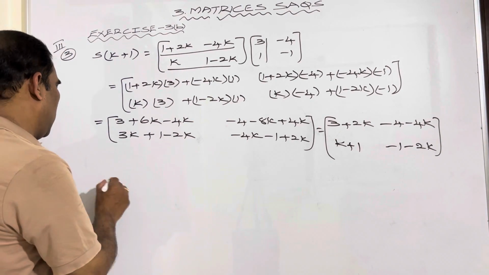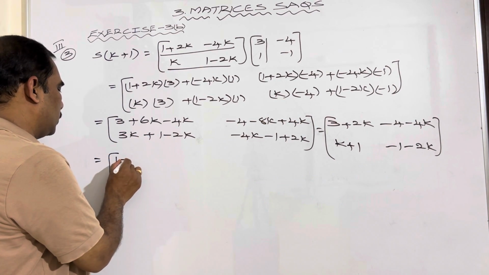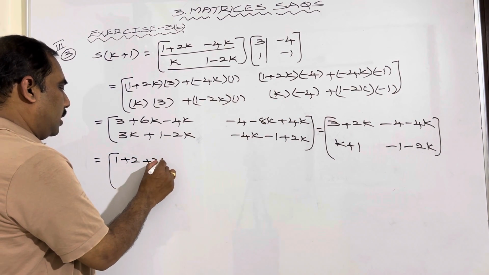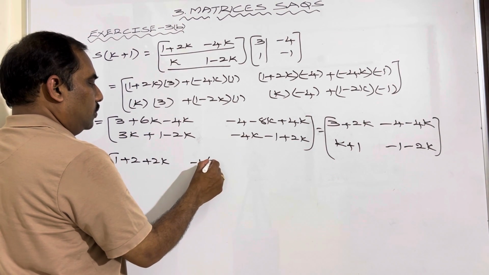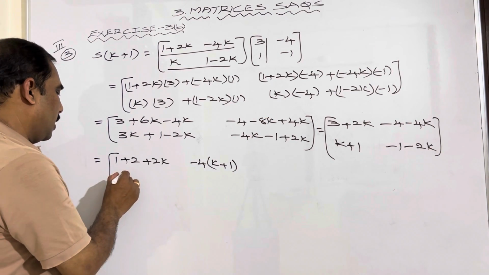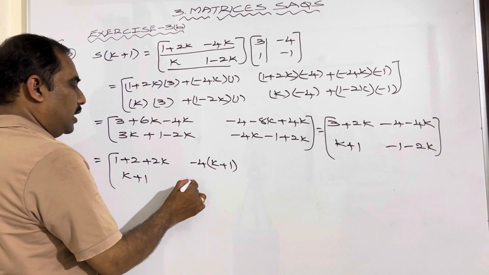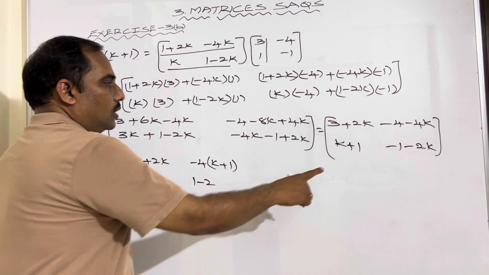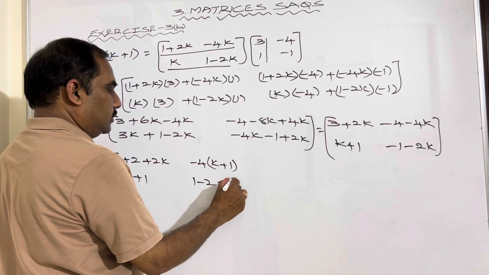So that's why 3 is written as 1 plus 2 plus 2k, and minus 4 is taken common, minus 4 into 1 plus k, or k plus 1, both are same. Here k plus 1, and minus 1 is written as 1 minus 2, and minus 2k as it is.